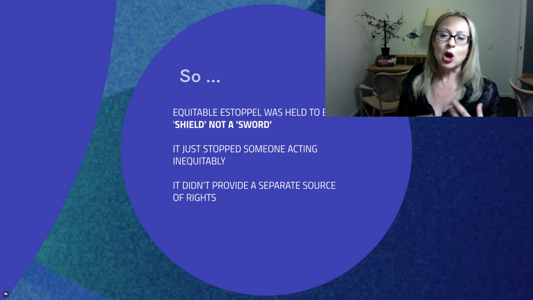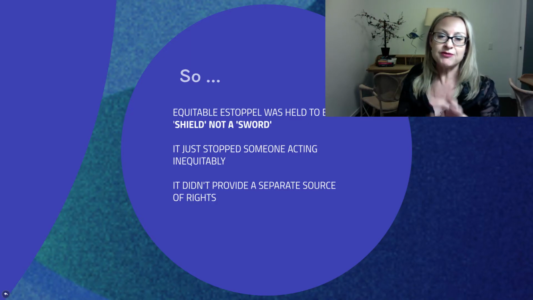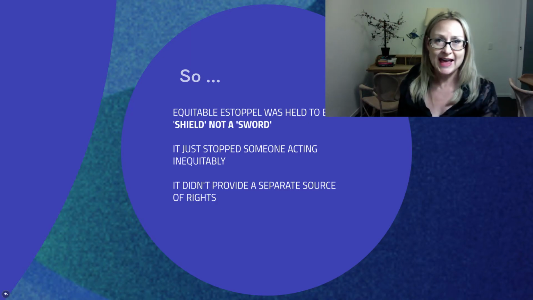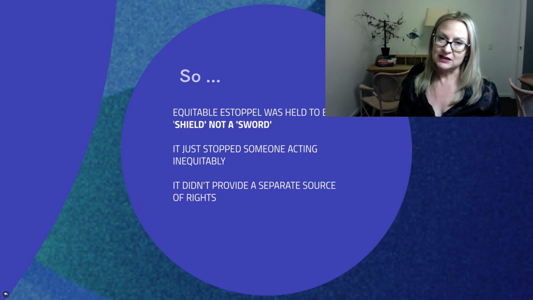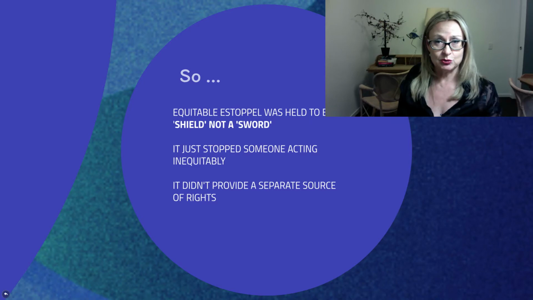Okay, they thought the whole notion of consideration would be undermined if this whole business of equitable estoppel kind of got out of hand. So yes, at this point it was a shield, not a sword, not a separate source of rights.